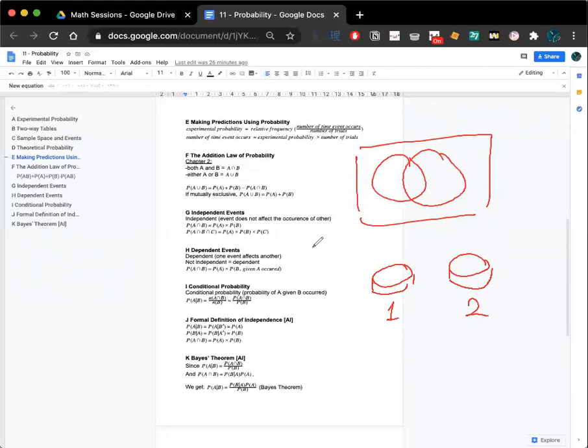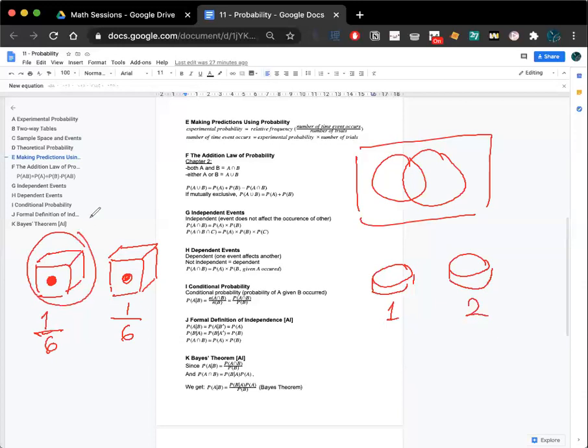Or another example would be throwing a dice. If we want the probability of getting 1 on the dice, the first time you throw it, the chance is 1/6, and the second time, the chance is again 1/6. So the first event won't affect the second event.